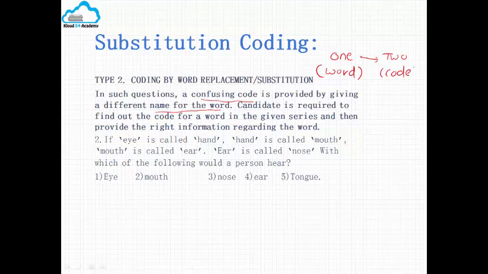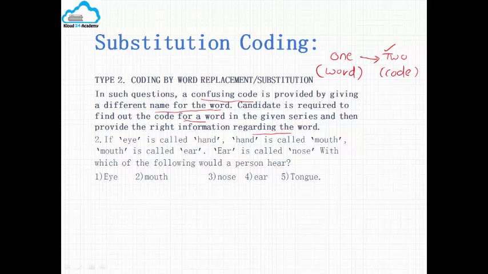This is the code. Now, isn't it confusing? The word is 1 and the code is 2. The candidate is required to find out the code for that word and then provide the right information regarding the word. So if I solve a question and the answer is 1, I won't write 1, I'll write its code, that is 2. So isn't it confusing?